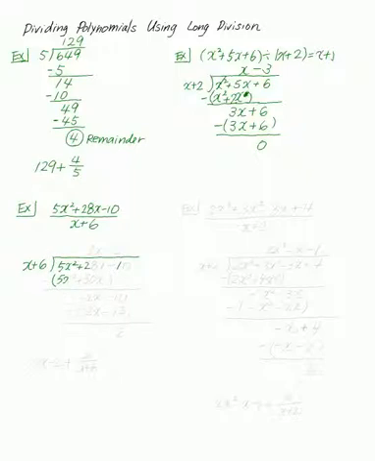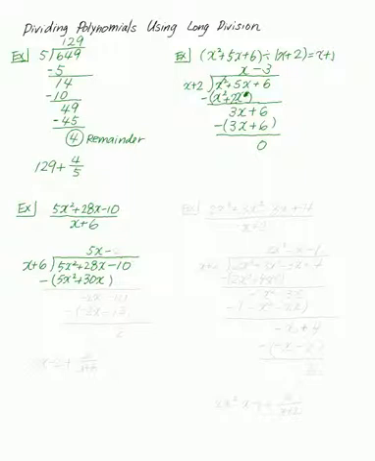The 5x squared plus 28x minus 10 go on the inside. So we're going to start again. I need something times x to give me 5x squared. That's going to be 5x. Now I need to distribute the 5x to the x plus 6. So 5x times x is 5x squared. 5x times 6 is 30x.